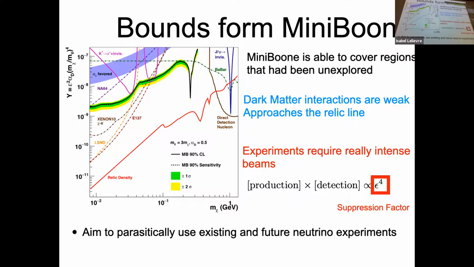Here's your relic line that appears in every plot, and here's the bound from MiniBooNE. You can see right here's the BaBar monophoton. All of these gray experiments, it turns out this is one of the gray ones now. It's actually the most sensitive in this region around 100 MeV for dark photons.